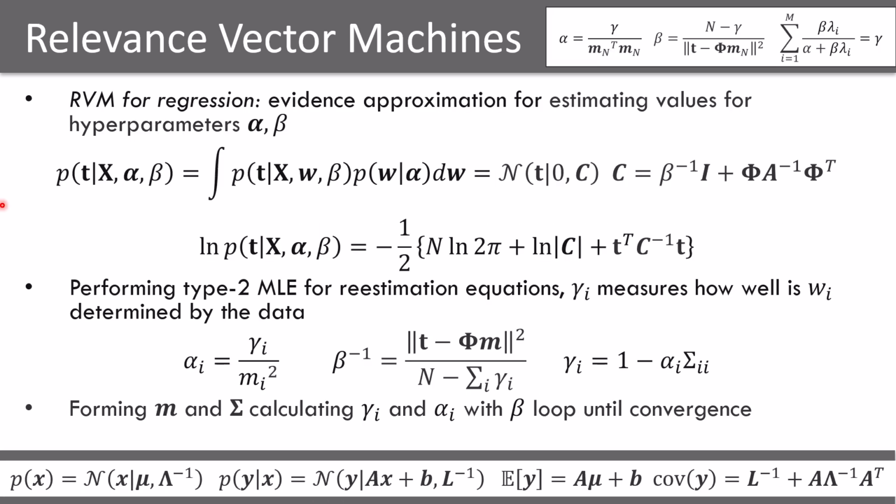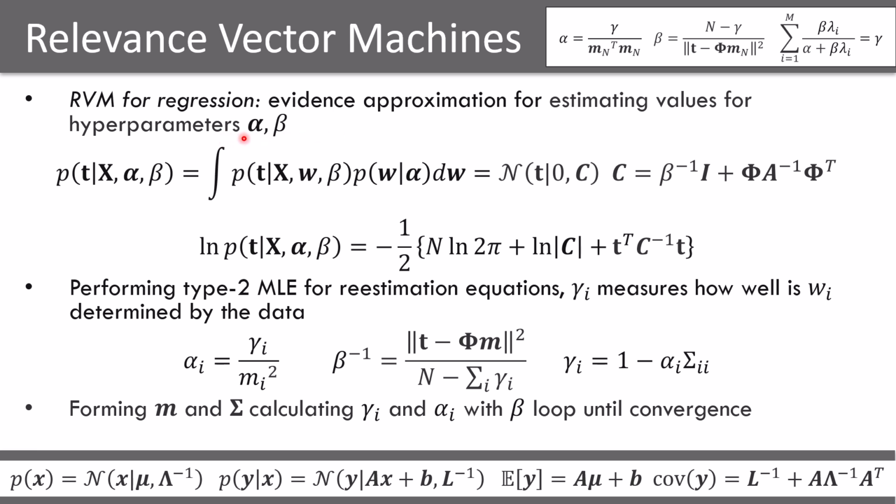To express the full predictive distribution from the Bayesian treatment, we will have a look at what we do with these hyperparameters alpha and beta. In this case, alpha is a vector, not a single scalar as we had before associated with the prior for the weights. Each weight has its separate alpha precision value.